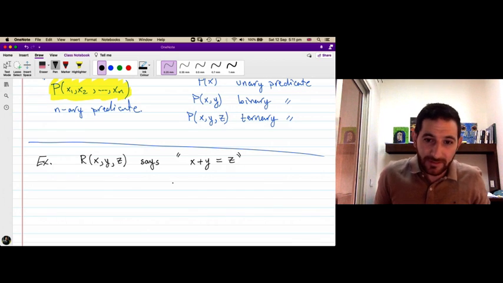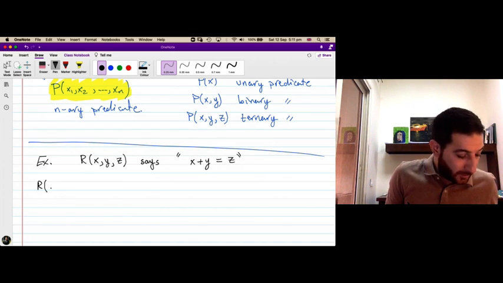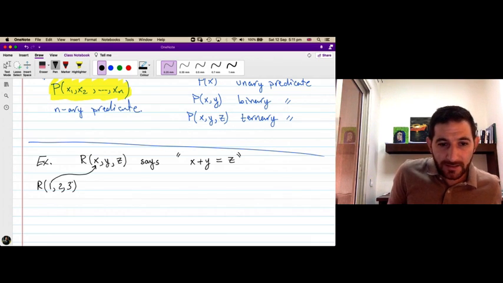Okay, let's see. So this is the statement involving three variables. Let's see, for example, how it becomes a proposition. Look at R(1, 2, 3). What does it mean? It means substitute 1 for x, substitute 2 for y, and 3 for z.